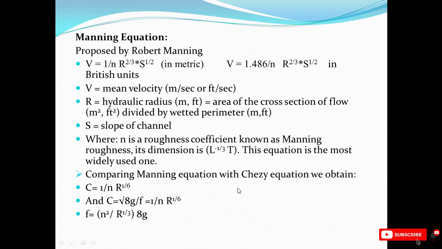It is the same equation, just with this coefficient changed. V is the mean velocity, and the roughness coefficient n is also related to the roughness of the bed and sides. R is the hydraulic radius, S is the bed slope.